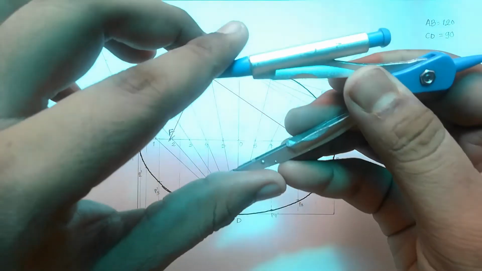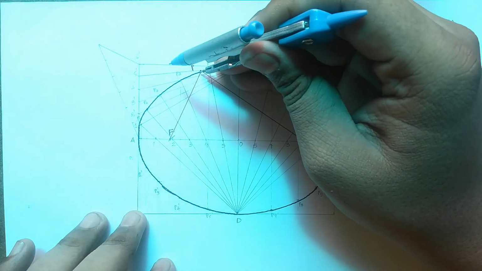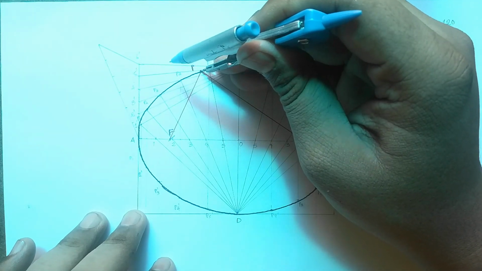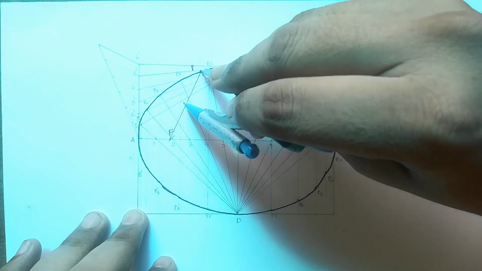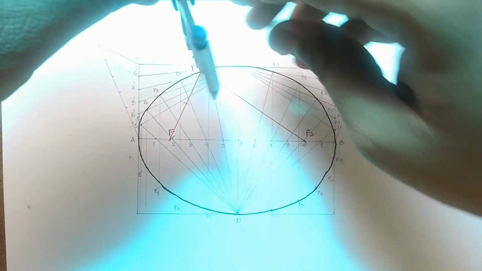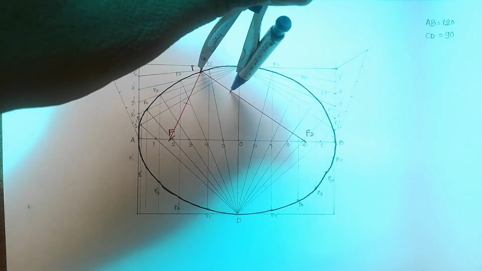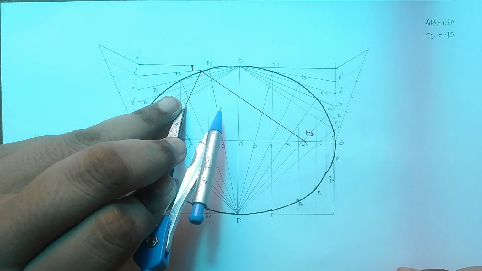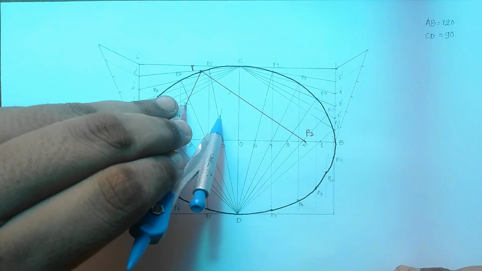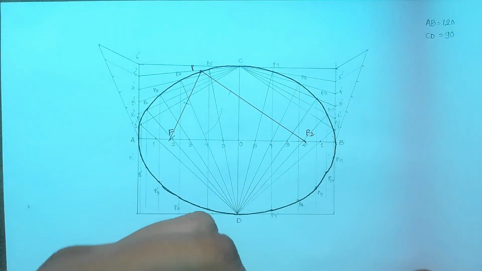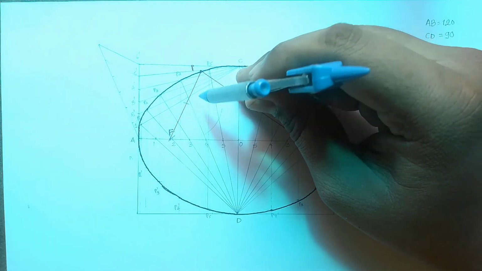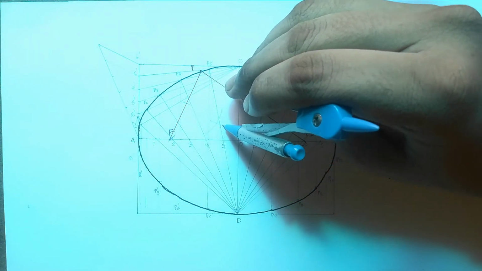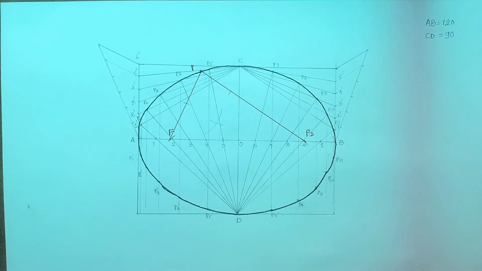So how will we bisect it? We will take a random distance in our compass. Then we will take P as a center and mark 2 intersections on both the lines like this. Once we are done, we will go to the first intersection and make an arc. Then we will go to the second intersection and intersect that arc.